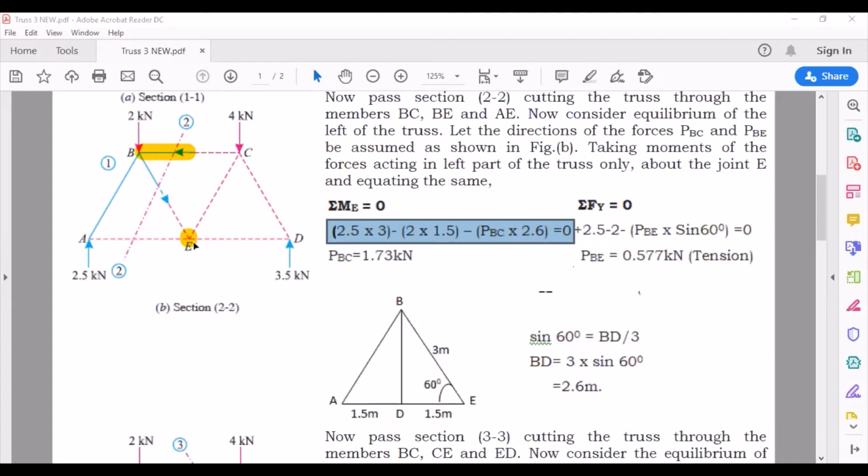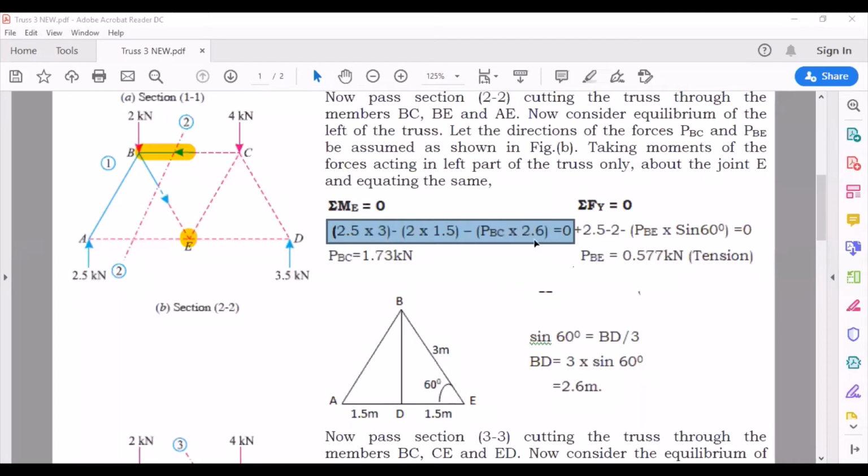But since members AE and BE pass through the moment center, these two become zero. Thereby, I am left with only one member, that is BC. So I have considered PBC into the respective distance, but I cannot consider AB. That is to be kept in mind. Many mistakes are made by taking this member force AB. You are not supposed to take it.